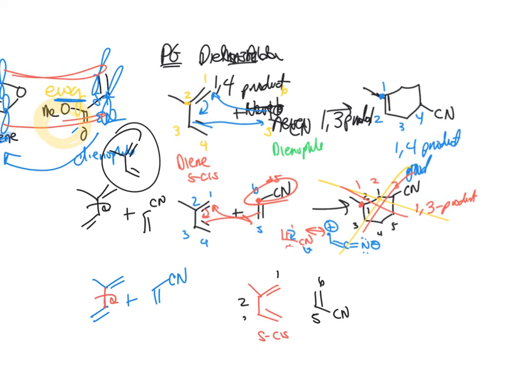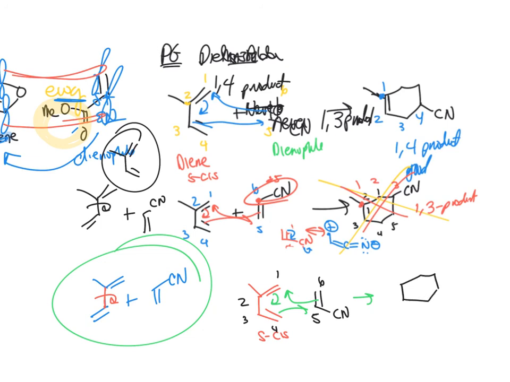Once you switch both of these around and line them up, then you can do your mechanism. And when you do that, you're going to see that you get 1, 2, 3, the 1,4 product. And that's going to be your major product, and that'll work.